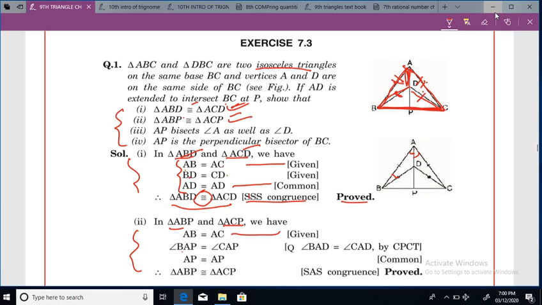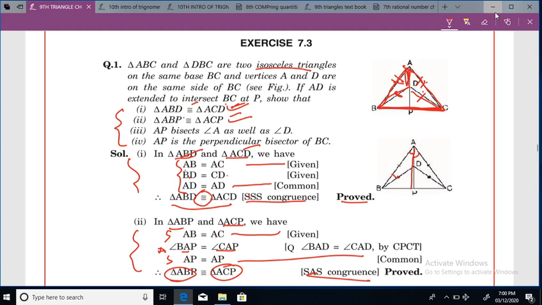So angle BAP is equal to angle CAP. AP is common for both triangles ABP and ACP, so it is a common side. So as per the SAS congruence rule, ABP and ACP are congruent to each other.